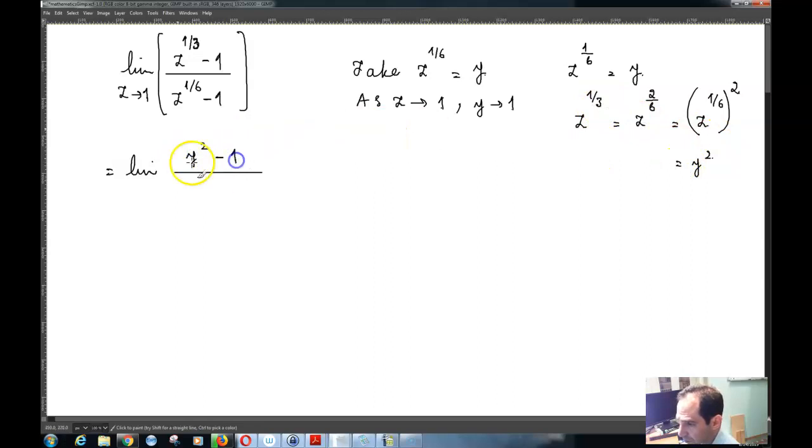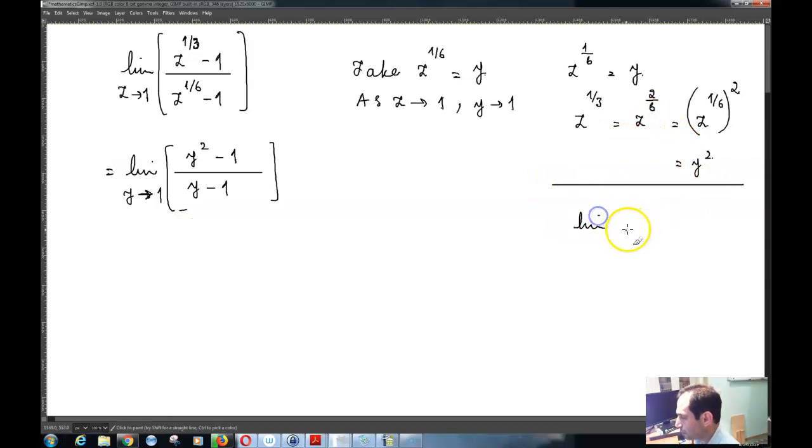y squared minus 1 over y minus 1, as y tends to 1, and then you can use the same thing that we had before. The limit of x raised to the power n minus a raised to the power n over x minus a as x tends to a is equal to n times a raised to the power n minus 1.